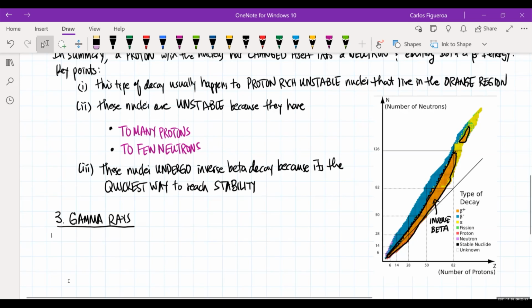What's special? Well, let's do a brief review of the atom.